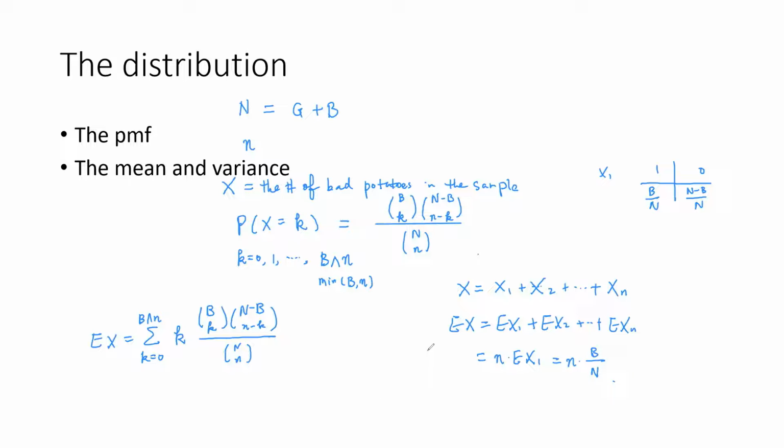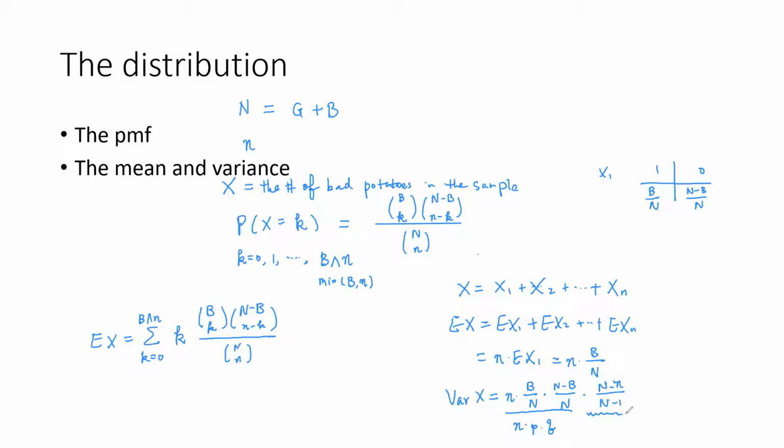And the variance, we're not going to prove it. I'll just tell you what the variance is. The variance of X equals n times B over N times (N minus B) over N times (N minus n) over (N minus 1). If you're familiar with the binomial distribution, you probably would notice that this is npq, n times p times q, so it's the variance of a binomial.